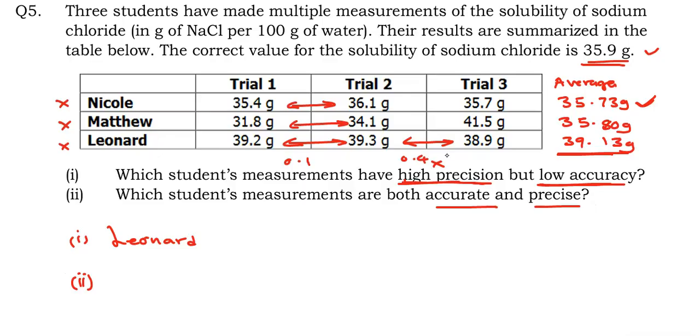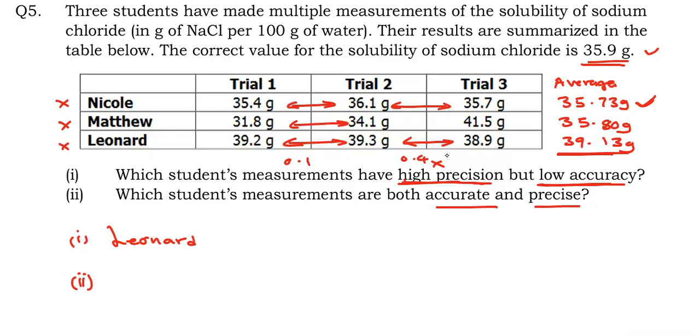What about precision? Yes, even the precision is very close because 35.4 is close to 36.1. You must know this. Even 36.1 is close to 35.7. So this guy is also qualifying as both precise and accurate.